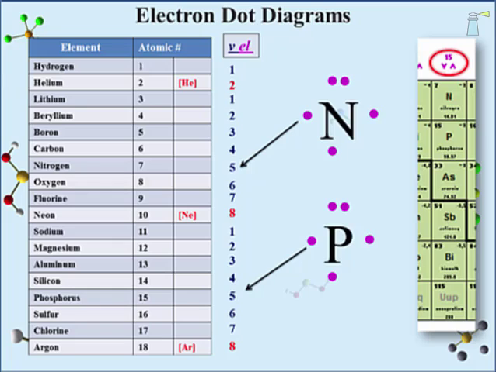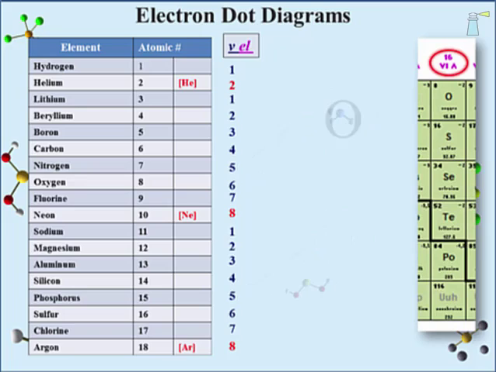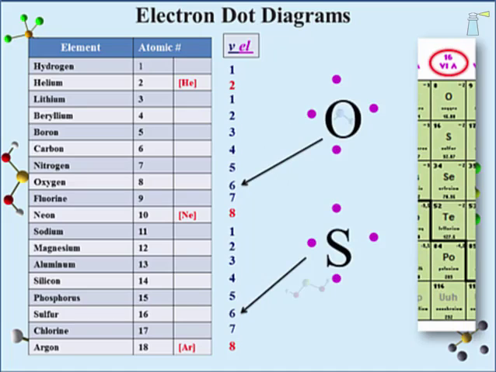That 5th electron is paired at the top of the symbol. Pairing also occurs with column 6A or 16 elements. We see that oxygen and sulfur have 6 valence electrons. The first 4 valence electrons go in the normal pattern of 1 per side, and the 5th and the 6th valence electrons pair.